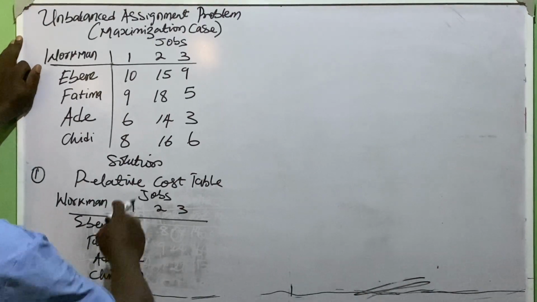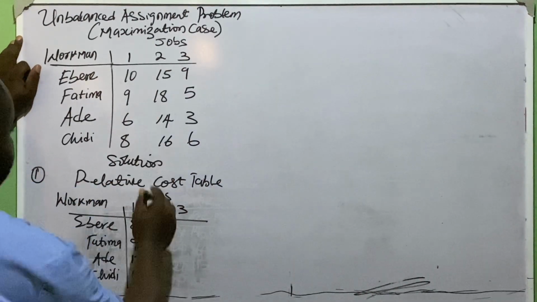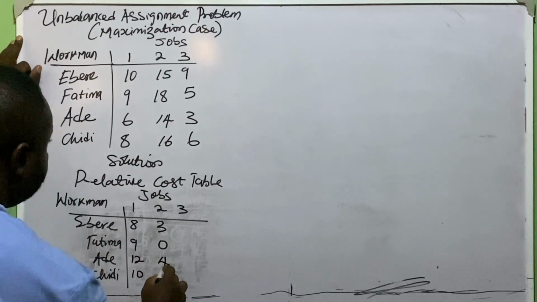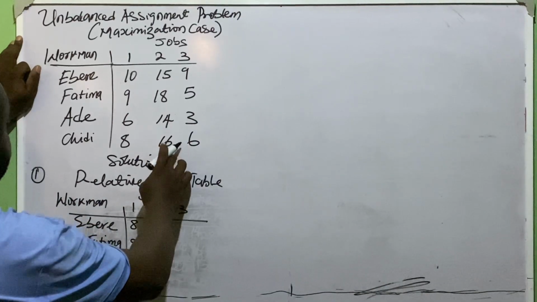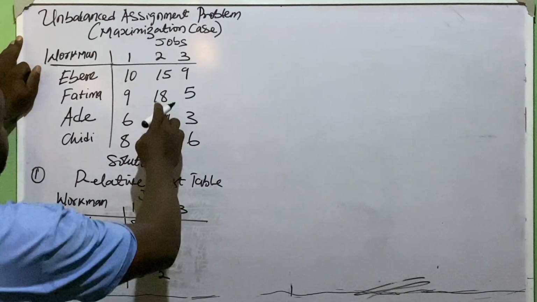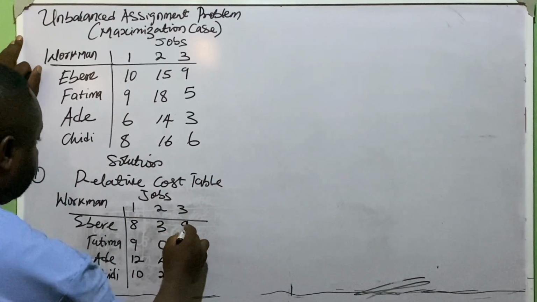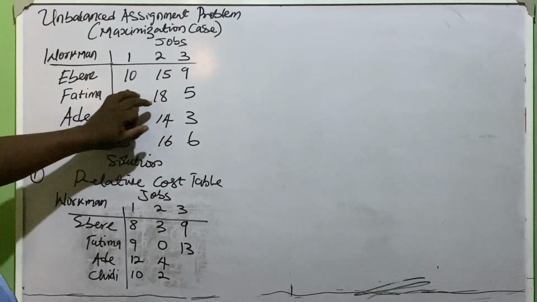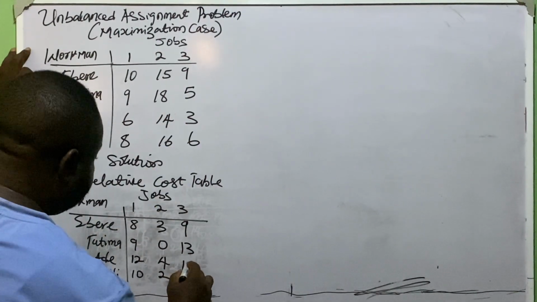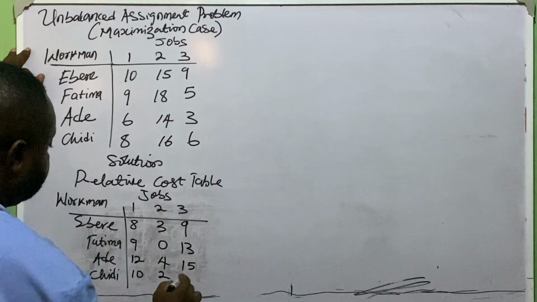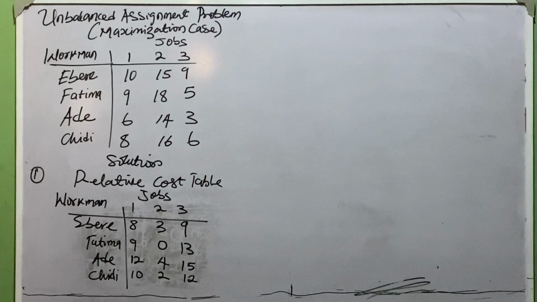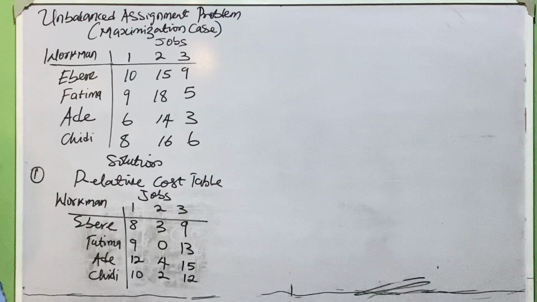Then 18 minus 15, we have 3. 0, 18 by itself, then we have 4. 18 minus 16 is 2. Then 18 minus 9, 9, this by this, 13. 18 minus 3, 15. Then 18 minus 6 is 12.